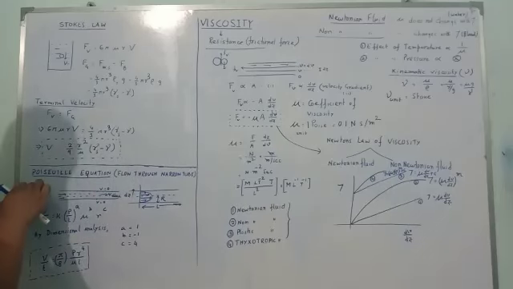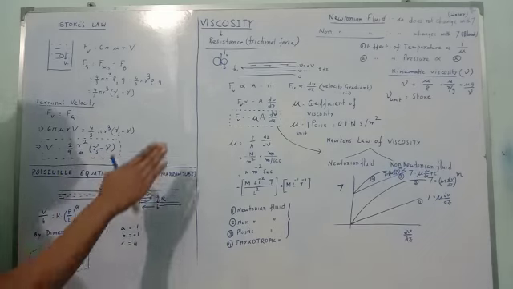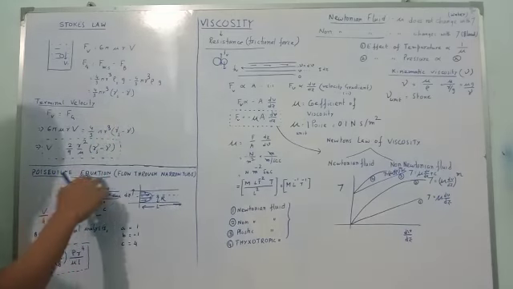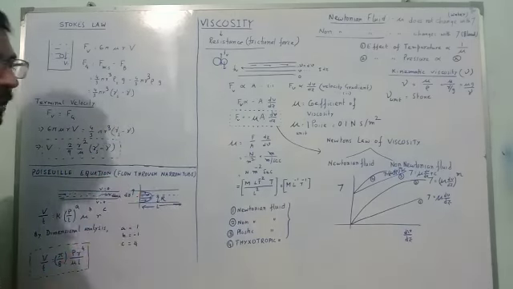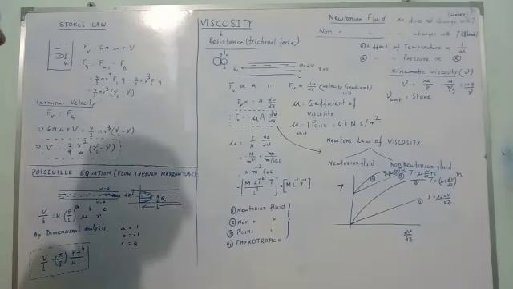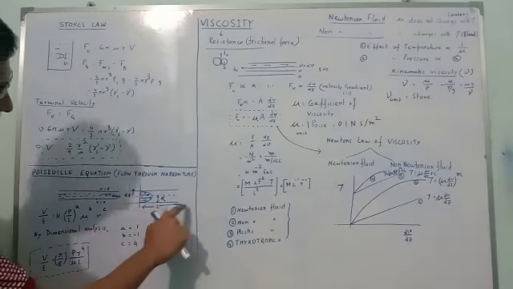Another very important equation regarding viscosity is the Poiseuille equation, that is flow through a very narrow tube.